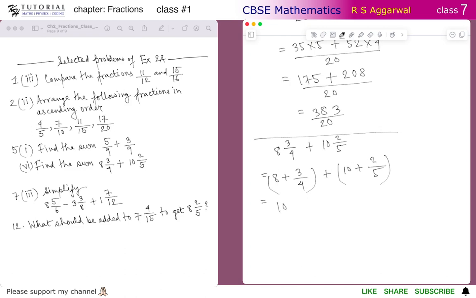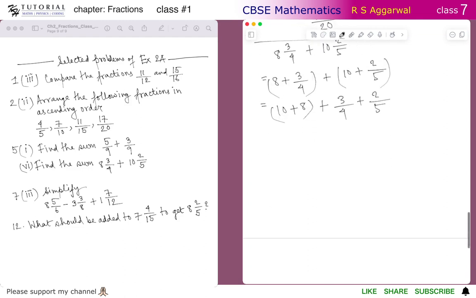So we have 10 plus 8, and we add the two fractions 3 by 4 plus 2 by 5. So this is 18, and 3 by 4 plus 2 by 5, I am skipping the steps. We need to convert them to equivalent fractions with the same denominator, which will be the LCM of 4 and 5.